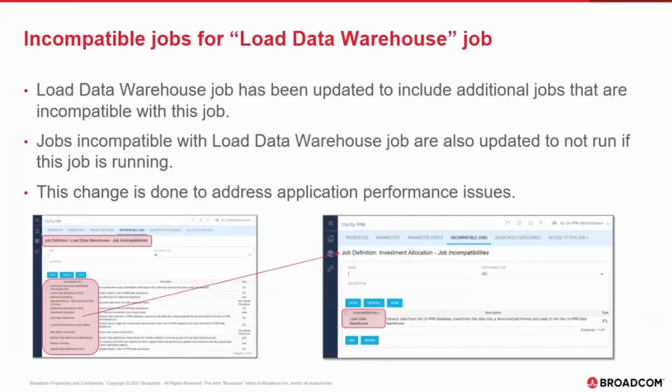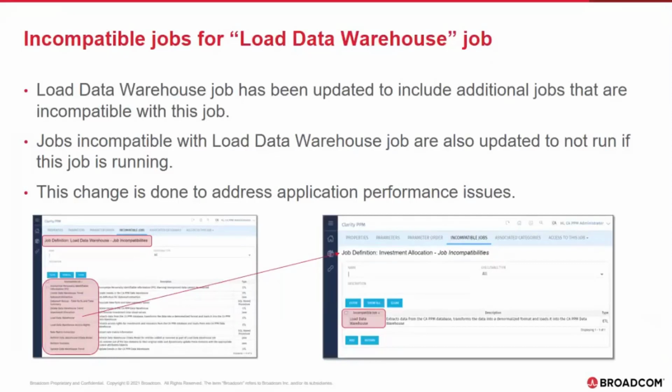To address that, our team did a detailed analysis, and all the jobs that could impact the application performance or should really not be executed at the same time when the load data warehouse job is running, we have now made them incompatible with load data warehouse job as out of the box itself.